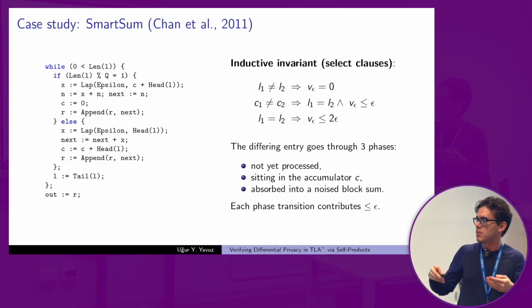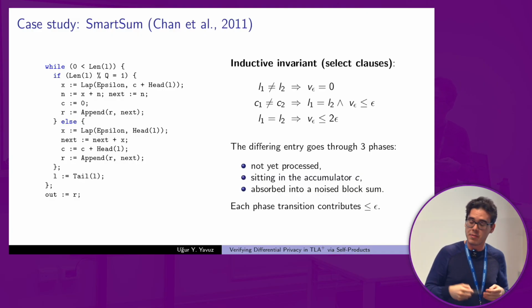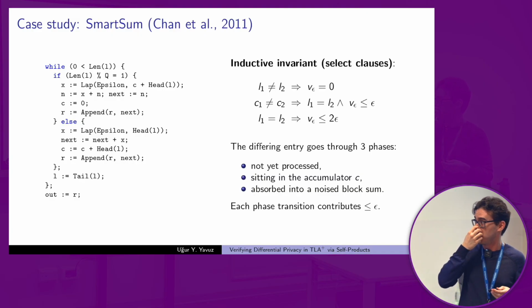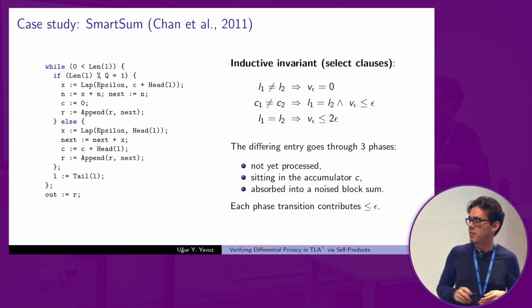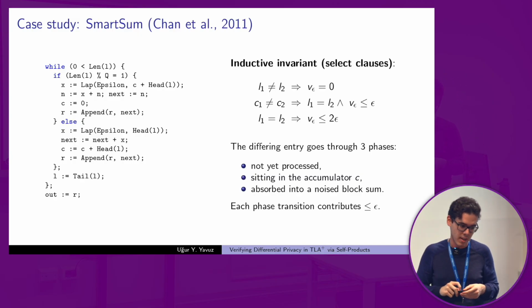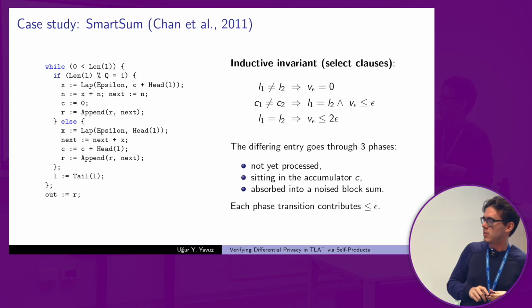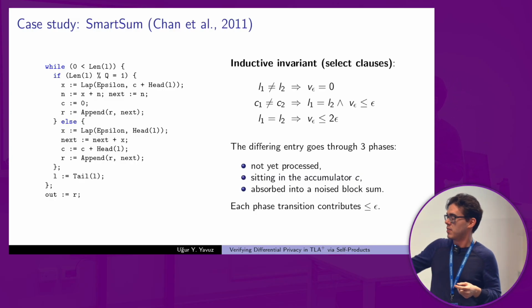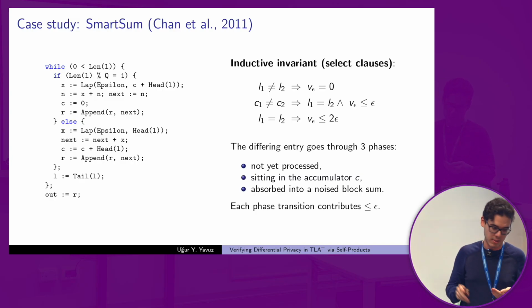As we introduce some more noise when noising this accumulator, which was differing, we use some more privacy budget, and this is in fact at most epsilon. As we transition between the 3 phases, there are 2 transitions, and each of them costs at most epsilon. That's what gives us 2 epsilon differential privacy.